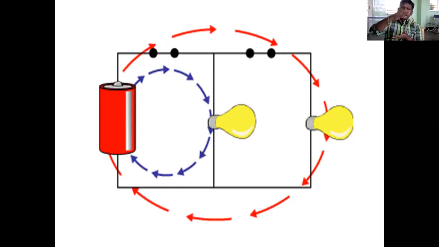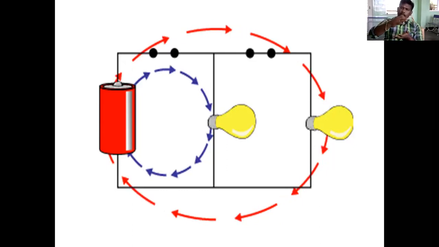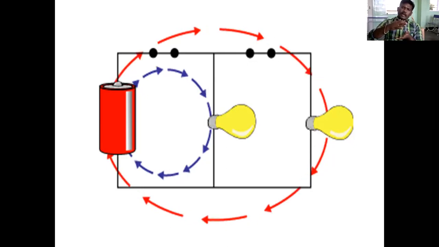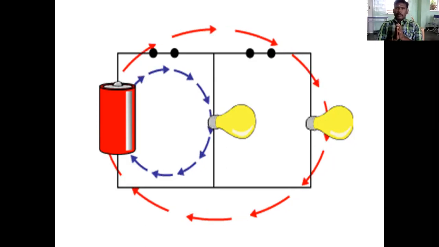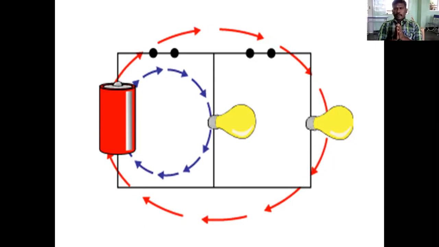If you set the battery in reverse order, at that time also the electrical current passes from positive terminal to negative terminal. Whatever the case, the electrical current always passes from the positive terminal of the battery to the negative terminal. So the blue line and the red line all move from the positive terminal of the battery cell to the negative terminal. Okay.